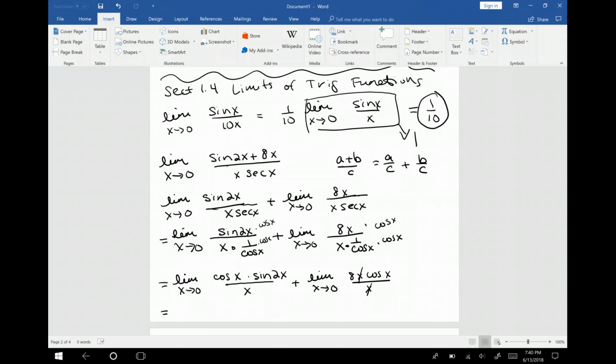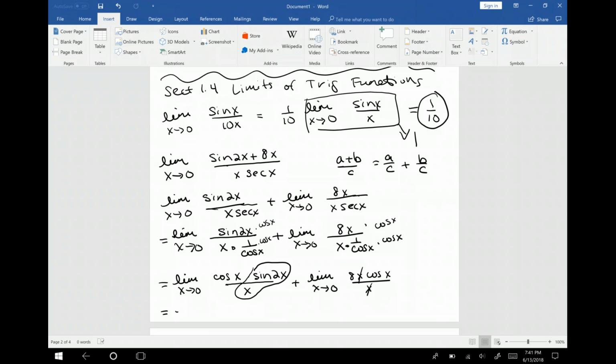But what we do have, let's see, how can we fix this? So we almost have something right here that looks like the sine of x over x. It almost looks like that.